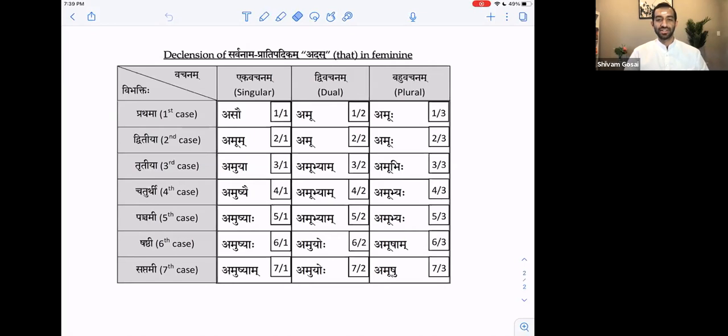Fifth case. Amushyaha, amubhyam, amubhyaha. Sixth case. Amushyaha, amuyoho, amusham.